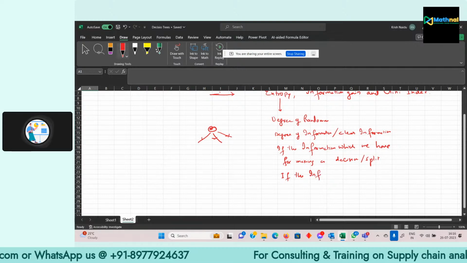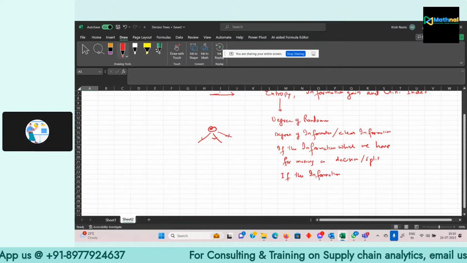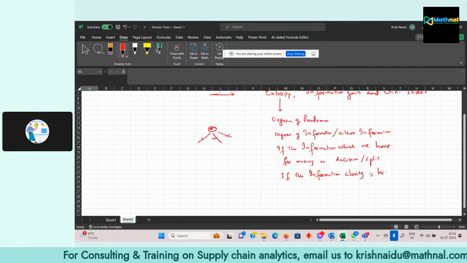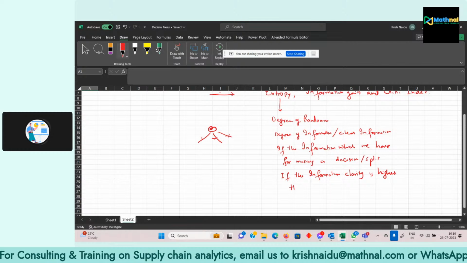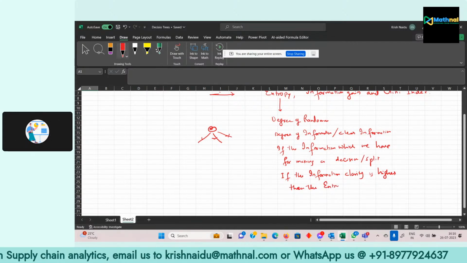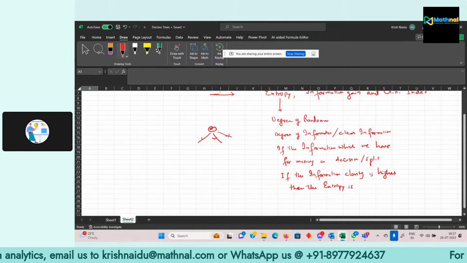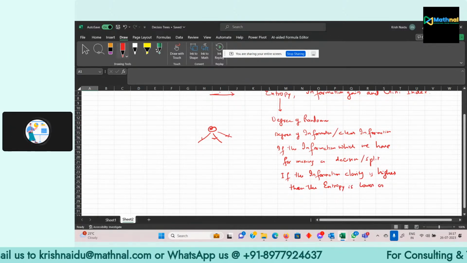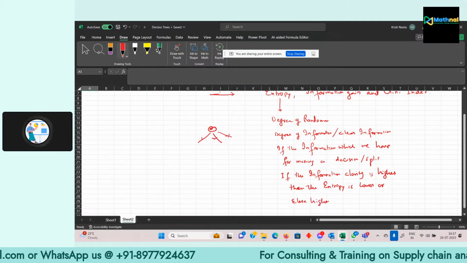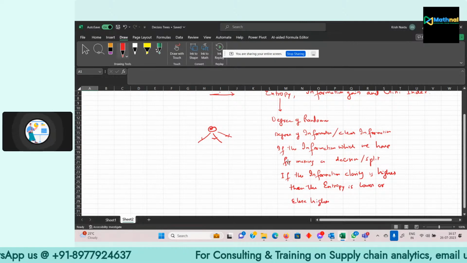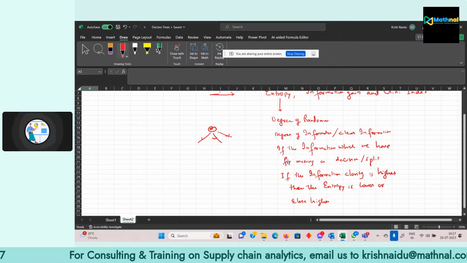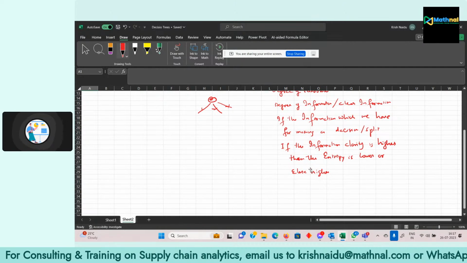If the information clarity is higher, then the entropy is lower, or else higher. So the higher the entropy, the poorer the decision we will make, right?